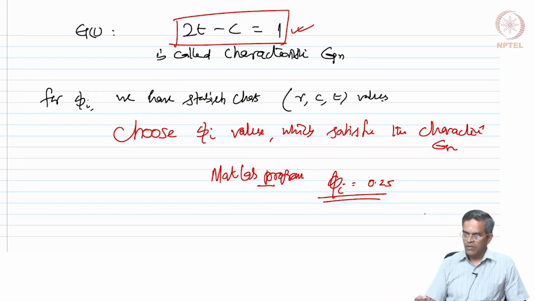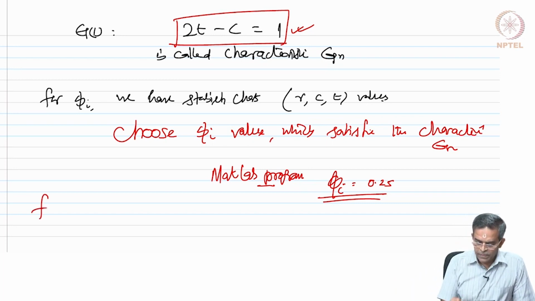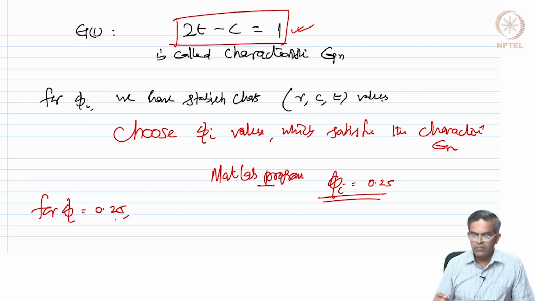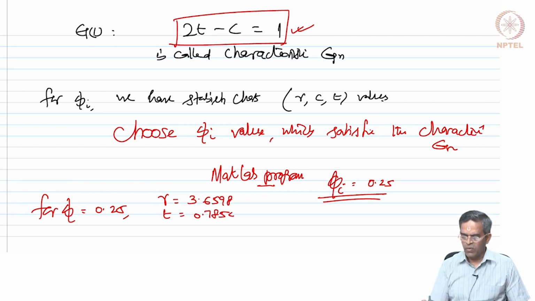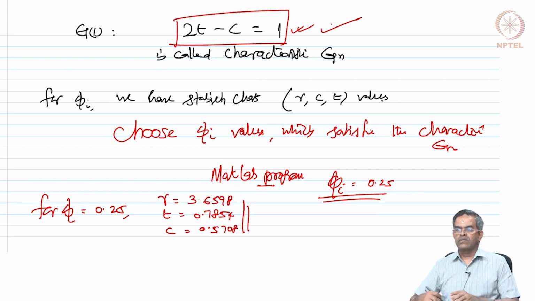So, now for phi value of 0.25, from the chart or table you can refer, R will be 3.6598, T will be 0.7854 and C is 0.5708, which satisfies the characteristic equation.